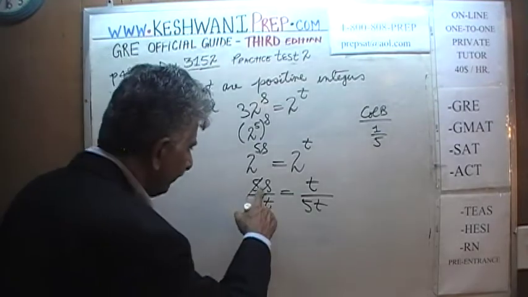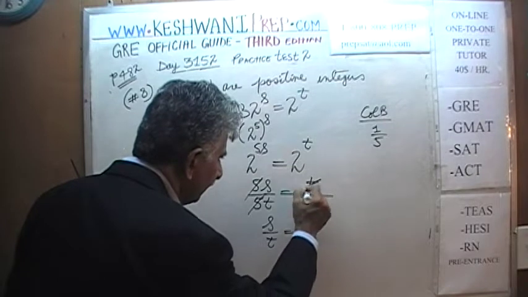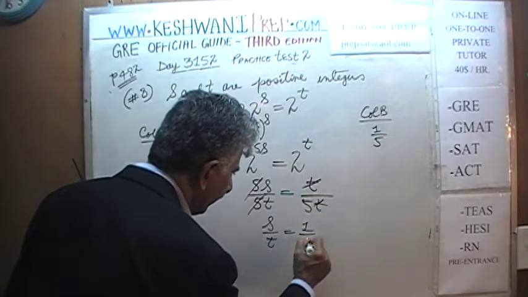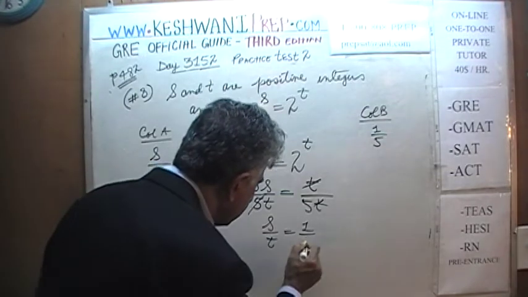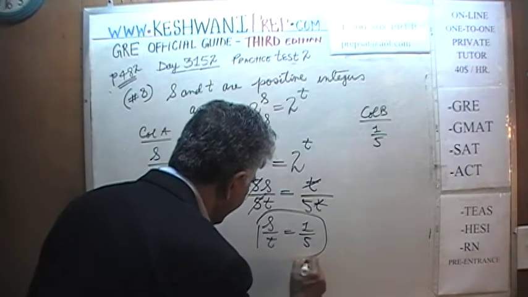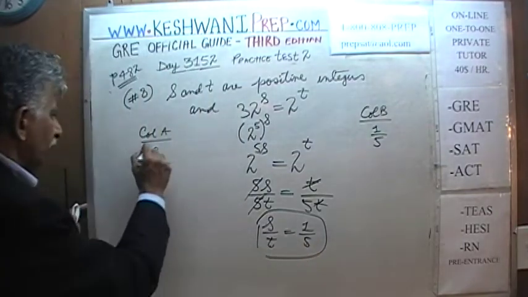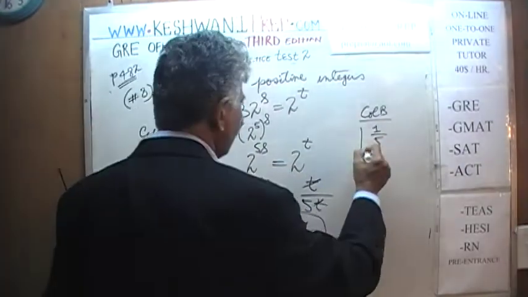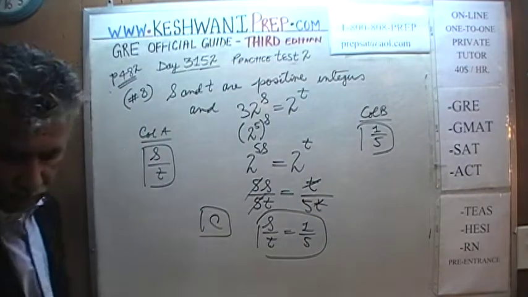What are we left with? We are left with S over T, and here the T is going to disappear, and we're going to be left with 1 over 5. So S over T is equal to 1 over 5. The answer is C. The two quantities are equal.